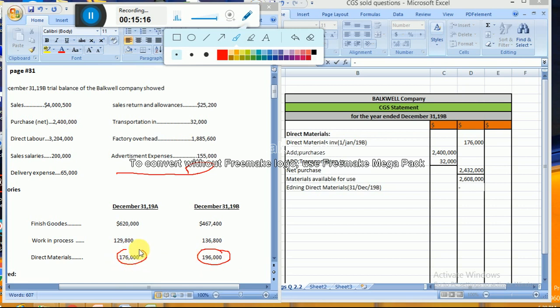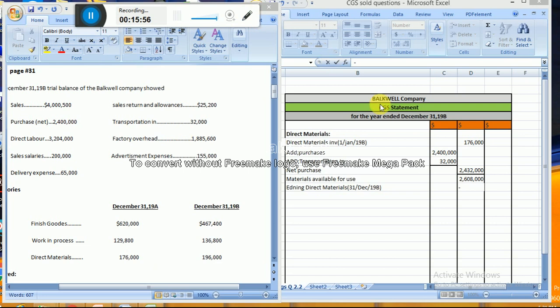The remaining material 1,76,000 of 19A was added with 19B, so that became the beginning. Similarly, this 1,96,000 material that is left in 19B, what we will do is subtract it here, and that will be added with 19C. But 19C is not coming yet, so from here we will subtract it. Clear?